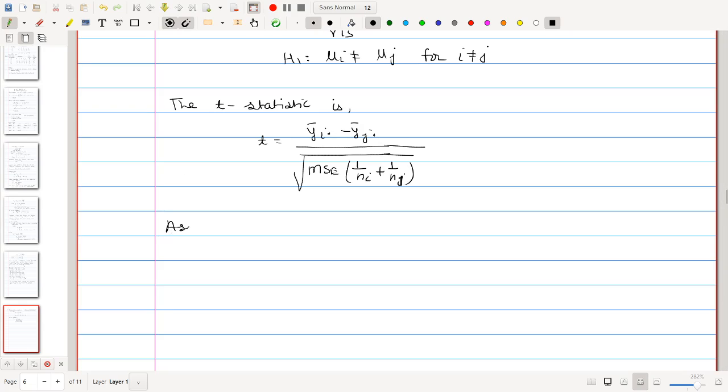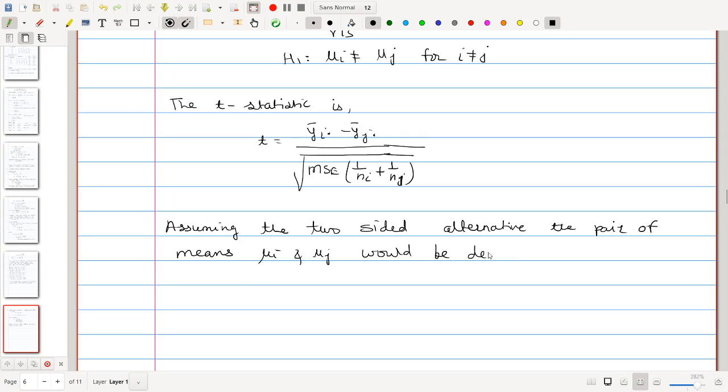Assuming the two-sided alternative, the pair of means mu i and mu j would be declared significantly different if mod t is greater than your table value.